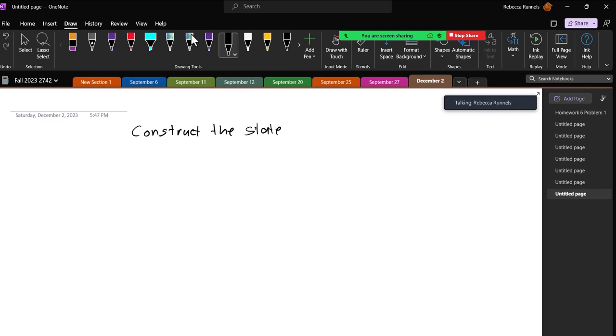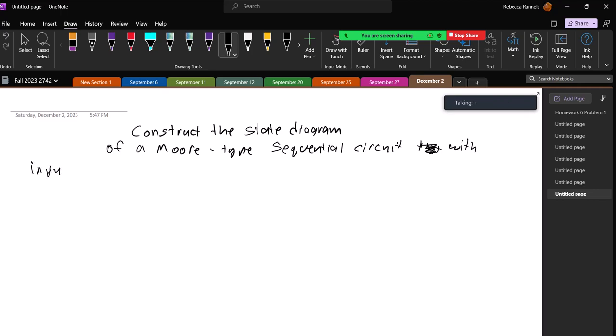Construct the state diagram of a Moore type sequential circuit with input D and output G that behaves in the following fashion.